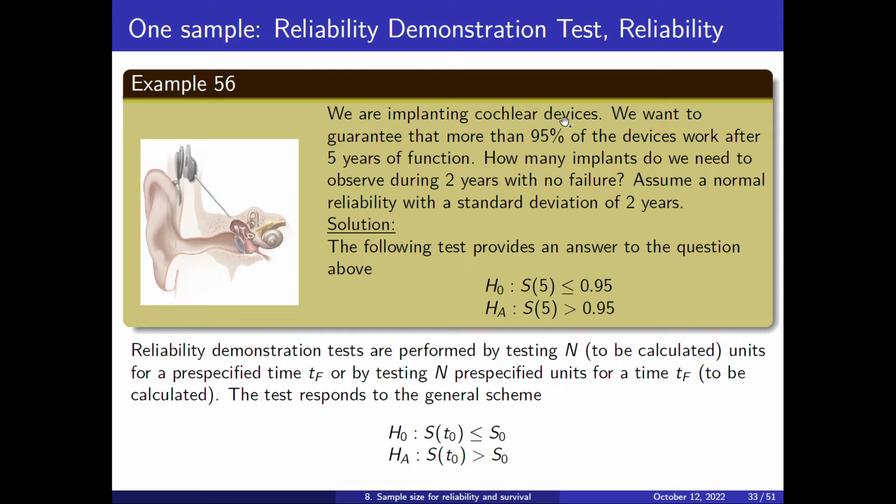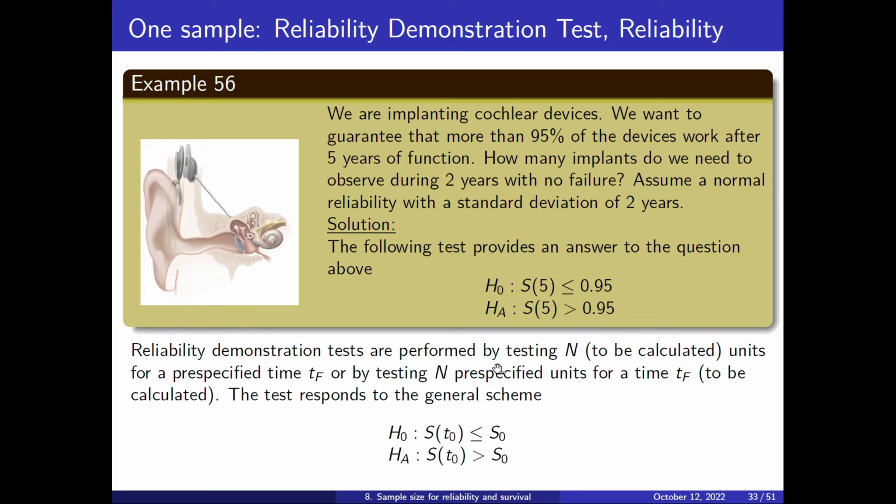We want to guarantee that 95% of the devices work after 5 years of function, but we don't want to wait for 5 years. So how many implants do we need to observe during 2 years with no failure? And we will assume now a normal reliability with a standard deviation of 2 years.